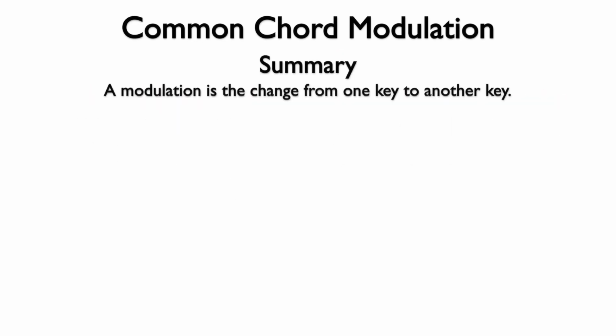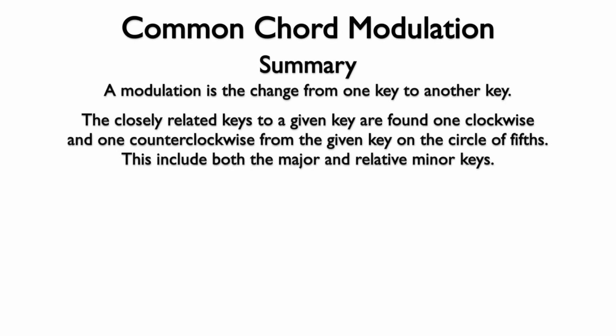Let's summarize. A modulation is the change from one key to another key. The closely related keys to a given key are found 1 clockwise and 1 counterclockwise from the given key on the circle of fifths. This includes both the major and relative minor keys.